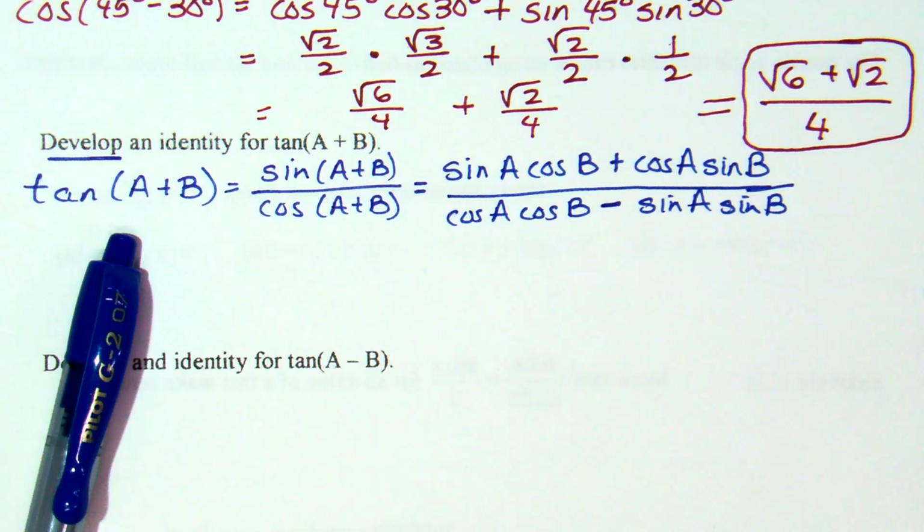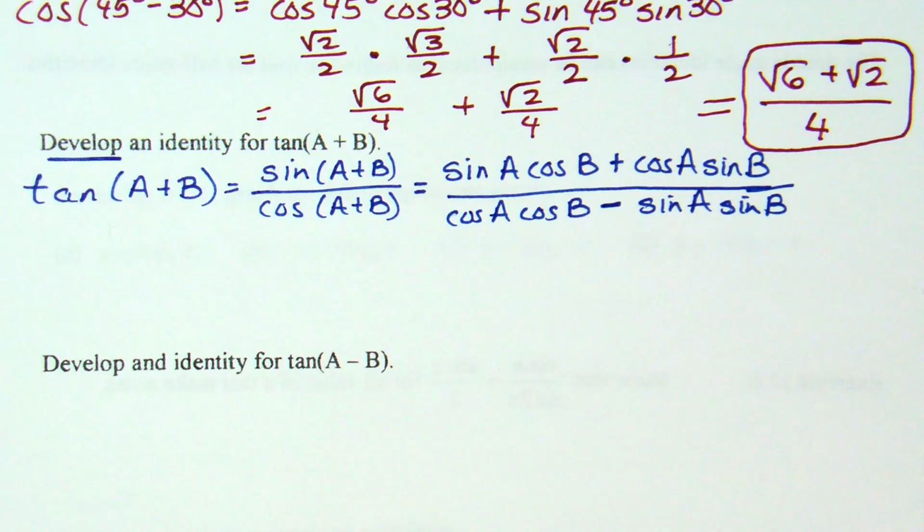And if you recall, or don't recall, that's fine, the first entry in the denominator is a 1. So right here, where I currently have cosine A, cosine B, that needs to become a 1. How do you turn a cosine A, cosine B into a 1? Divide by cosine A, cosine B.